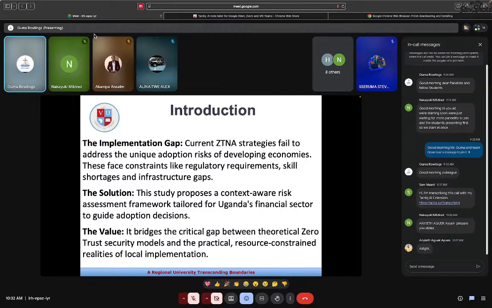Here we are looking at bridging the gap between the theoretical zero trust security models and the practical realities that we have on the ground.